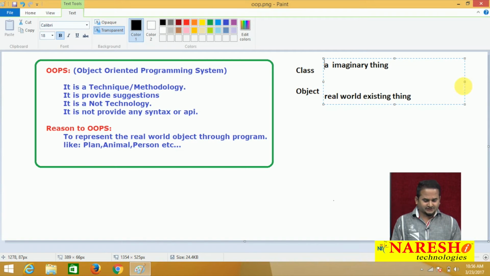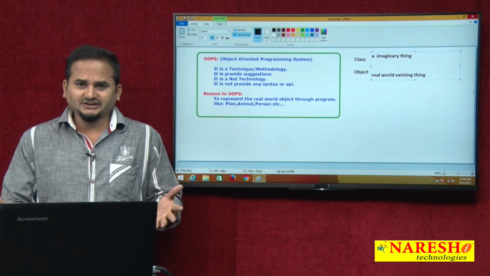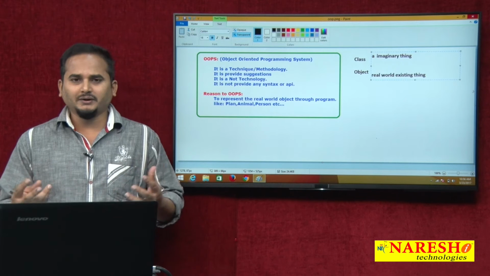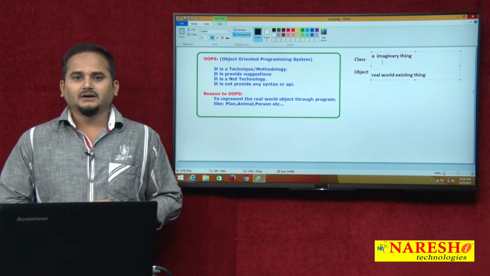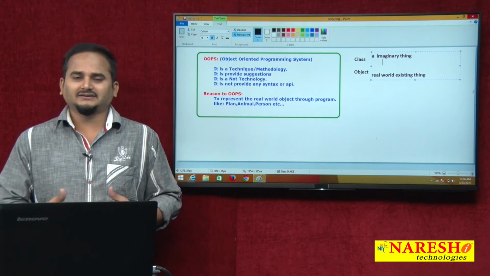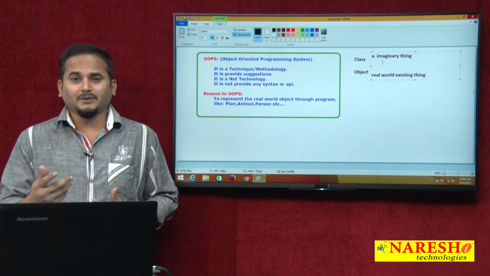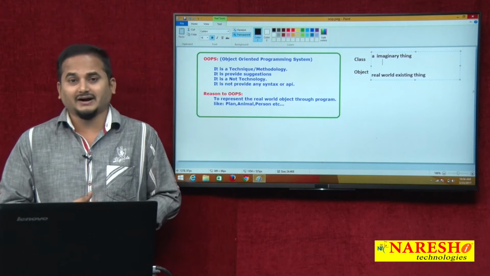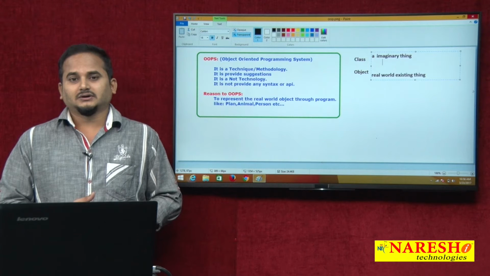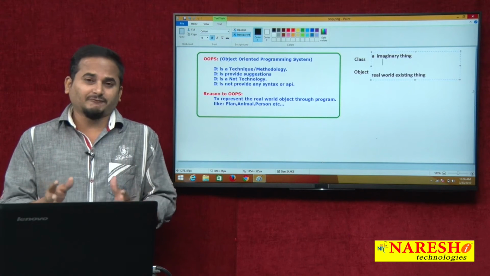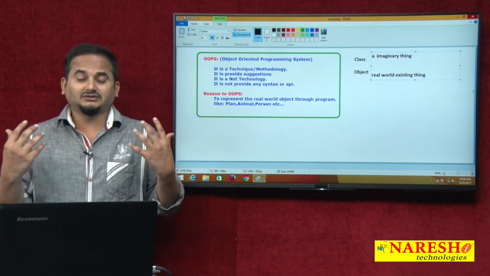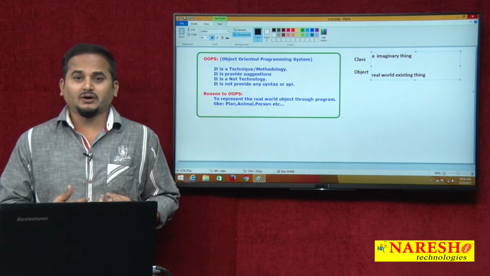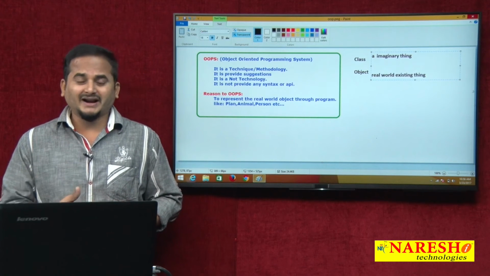One of the best examples for imaginary things: for example, if I say that after completion of this session I am going to eat one fruit, what type of fruit image do you recognize? You are not getting any particular fruit image. You have different images like mango, strawberry, guava, pineapple.